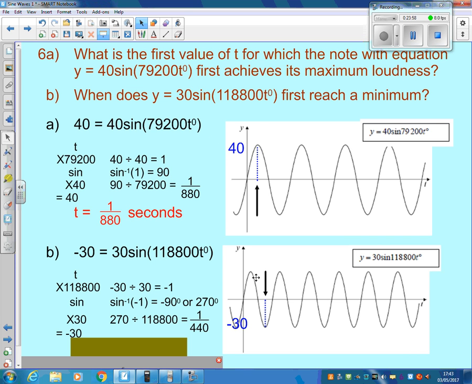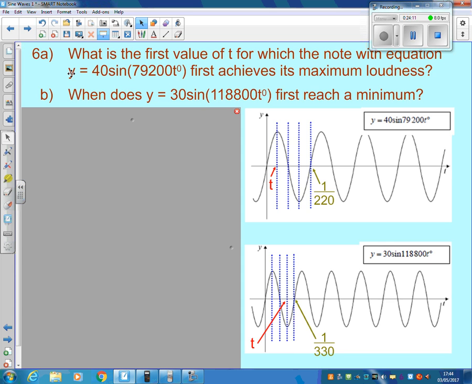Now, for this same question, there is another way you could do it, which some people prefer, and which you choose might also depend on how the question's worded. So I'm now going to do question 6 again by an entirely different method. We're looking for when the note first achieves its maximum loudness.